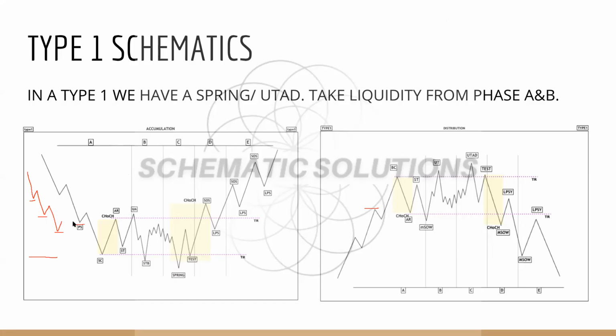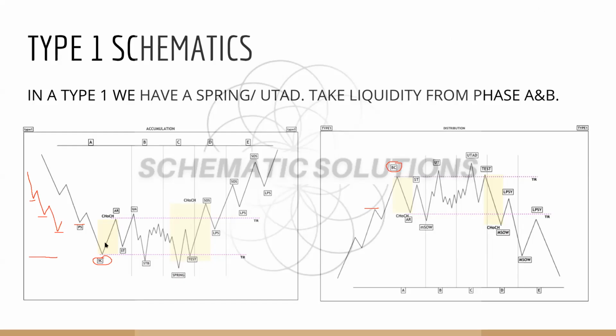Really simple. And from here, ultimately, we're looking for price to then create a climax. Our climax is pretty much our last preliminary support. Our buying climax here is our last preliminary supply. That's all that it is, just the last one. What confirms it as the climax is the movement away.